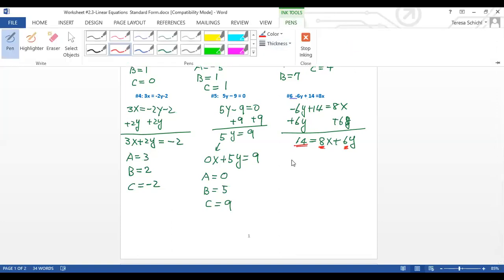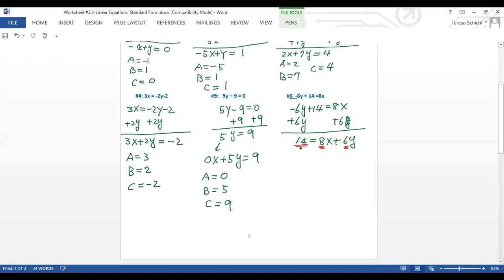So I can write it like this: 2 times 7 is equal to 2 factored out, so 4x plus 3y. Now these two can cancel. So I can write it as 7 equal to 4x plus 3y. Now this is a standard form, right? Because the greatest common factor is 1 right now.